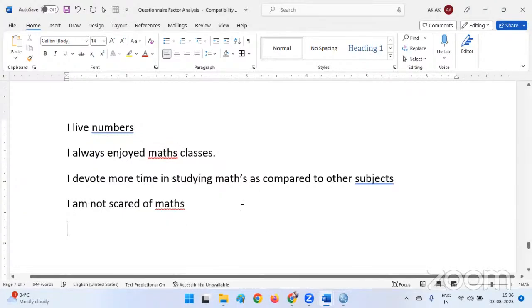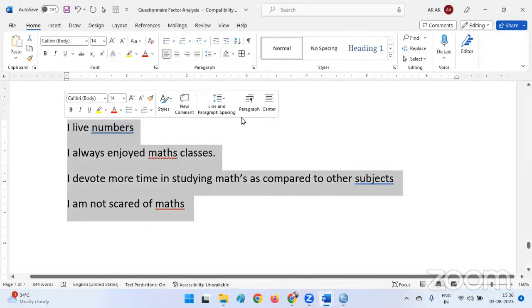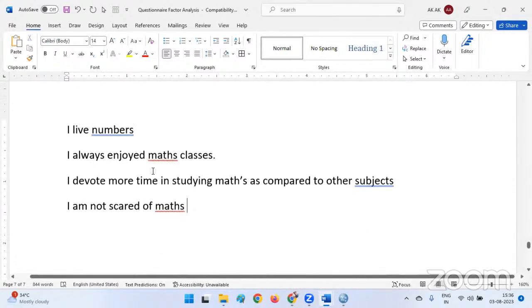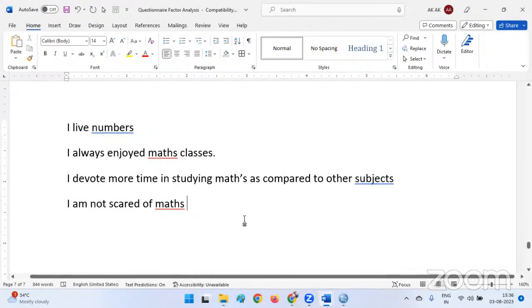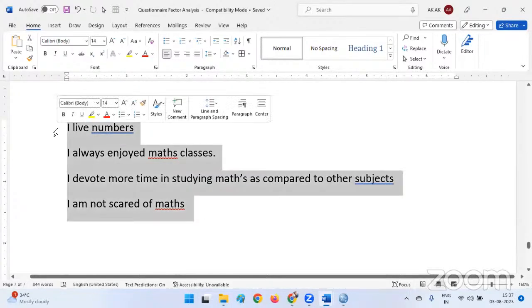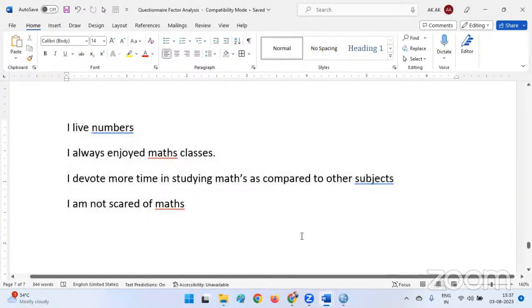So basically, you make similar statements like this, and that helps. I have hundreds of such questionnaires in which similar statements are prepared, or I guided people to prepare them to get good results. And then we apply factor analysis, and factor analysis gives you good results.